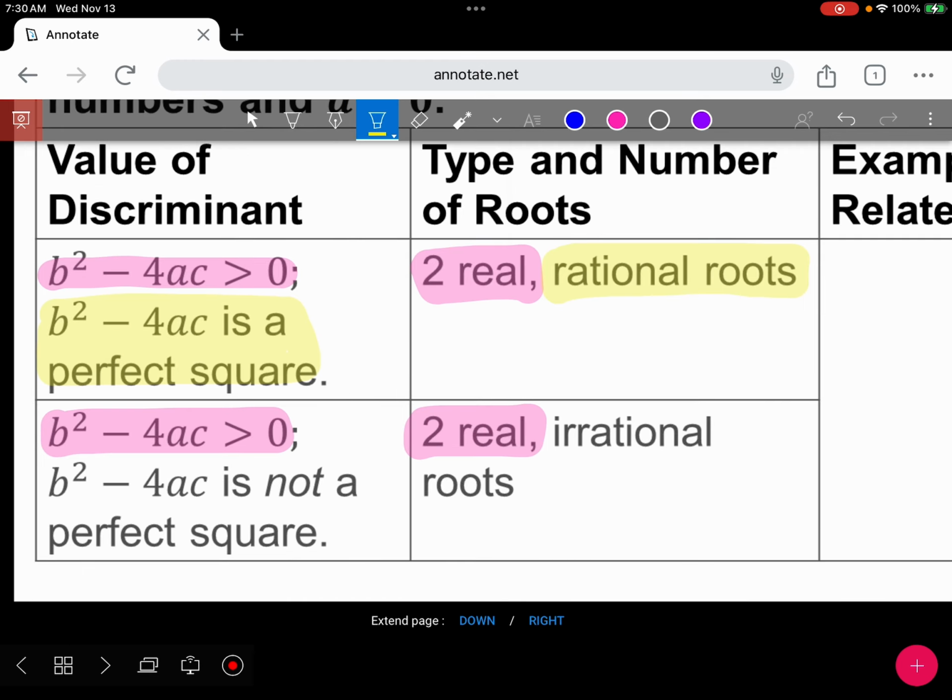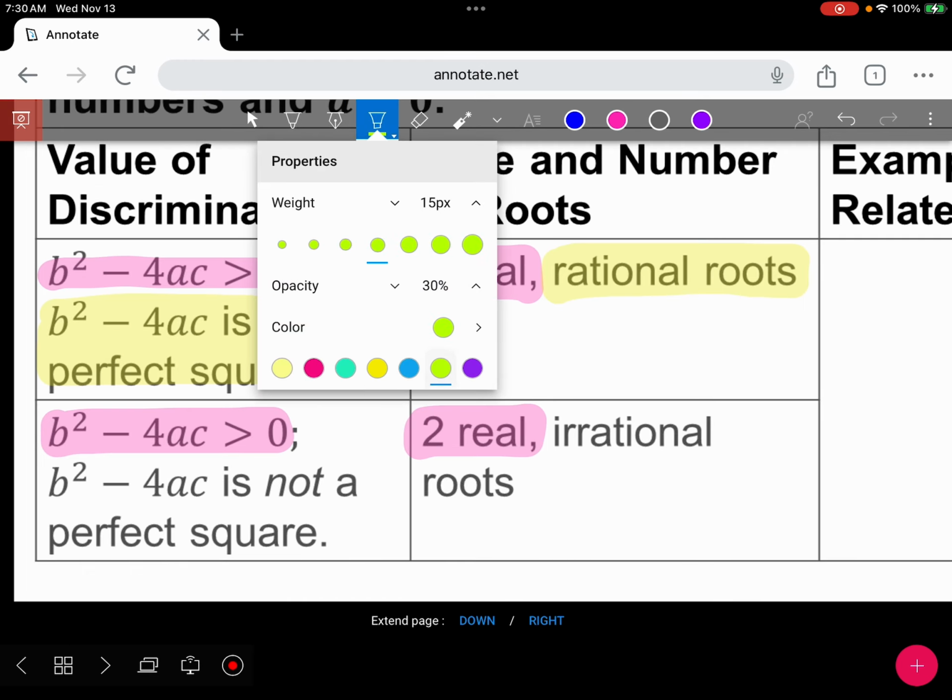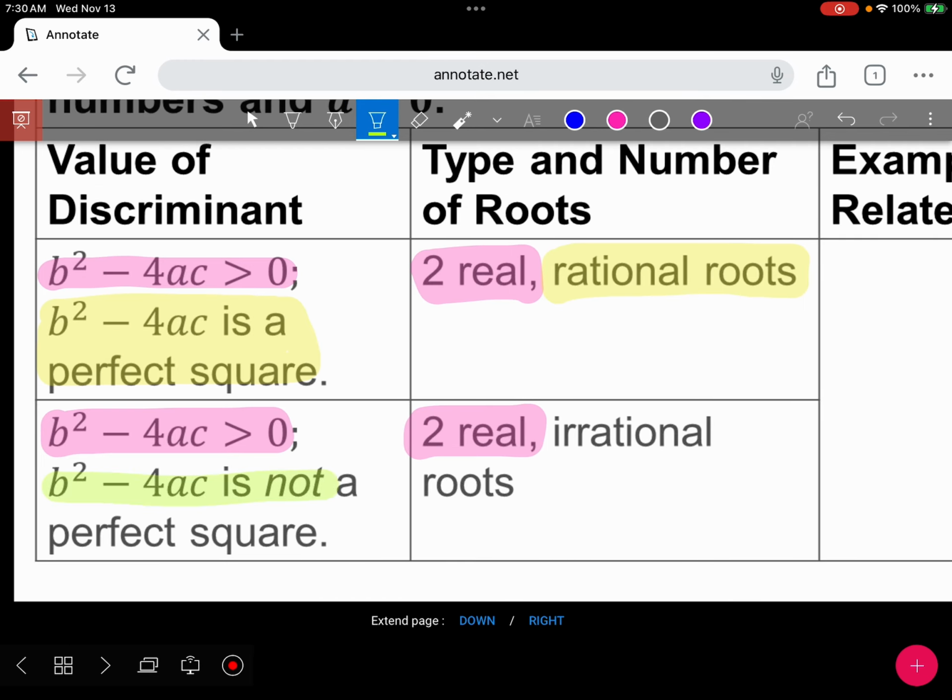If we get anything other than a perfect square, we're going to wind up with an irrational root, like 2 plus the square root of 7, or 3 minus the square root of 12. Those are our irrational roots. Either way, we have real roots, and honestly, the real is the most important part here. Rational and irrational is great, but real is the most important part.